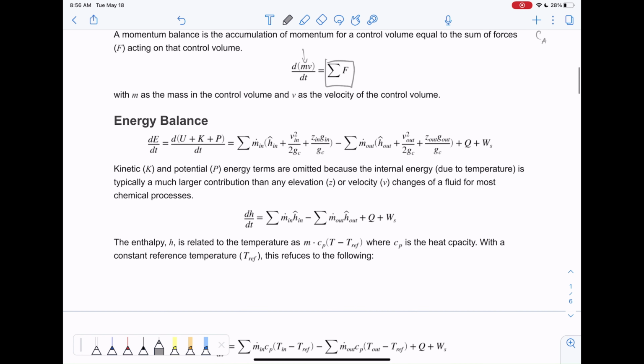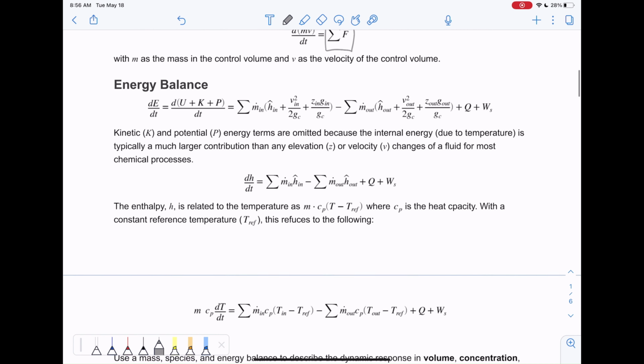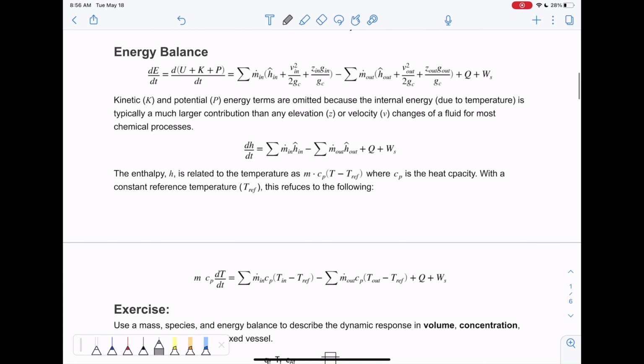Energy balances we're going to be working with a lot in this course, especially with our temperature control lab. And so let's discuss this in principle. We have the change in energy in our system right here, and I'll just use my pointer for this. The change in the energy of the system is equal to the change in internal energy, I'll use an arrow, kinetic, and potential energy.